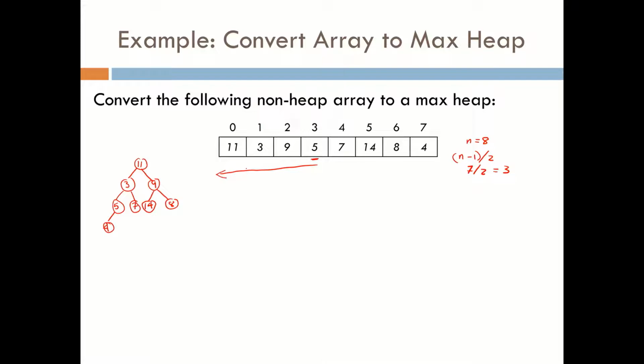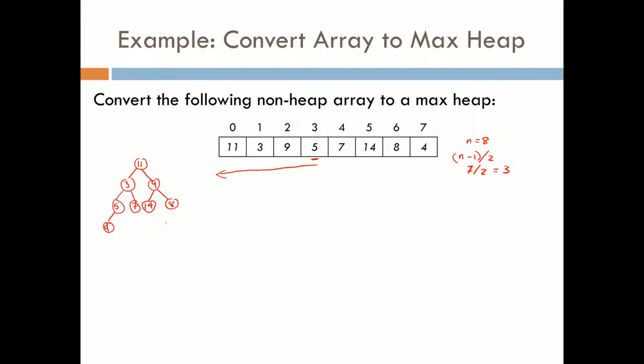As has been mentioned, this particular node is the first node in the upper half of the array that actually has a child. Okay, so 5 is the parent of 4. And then we must keep in mind that this is a max heap.